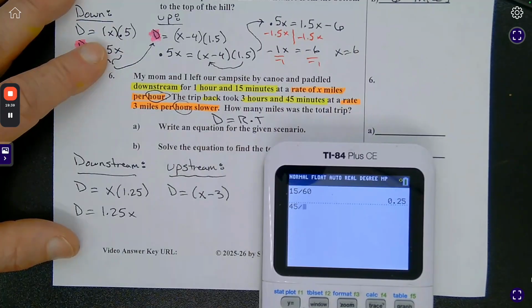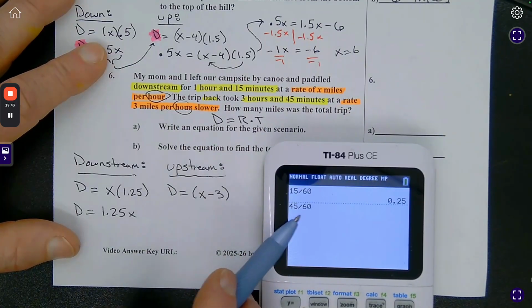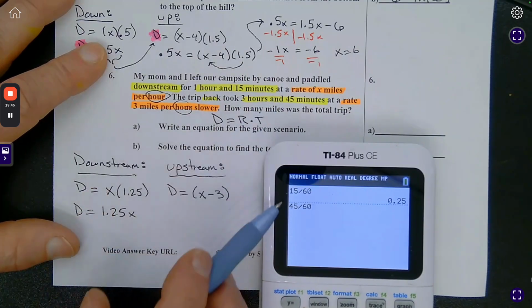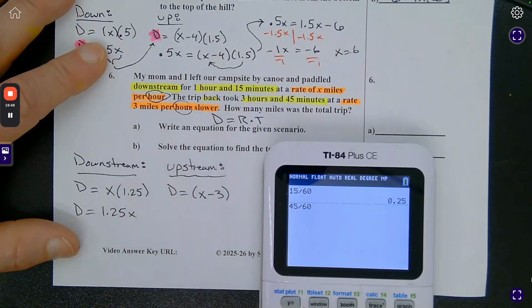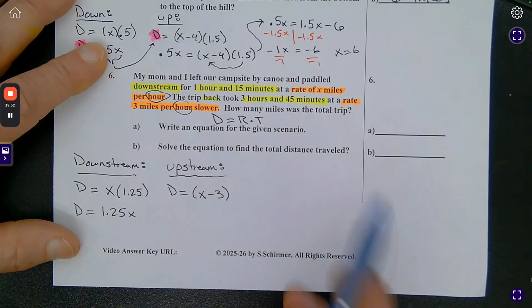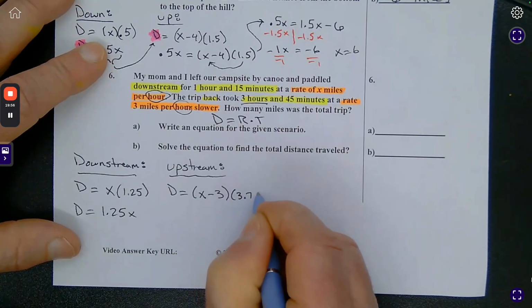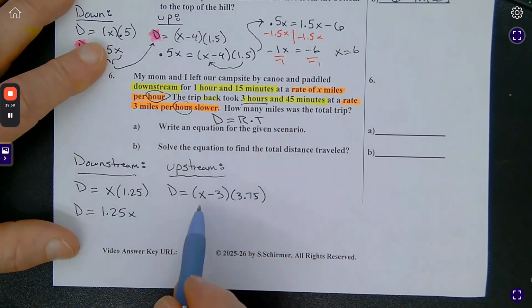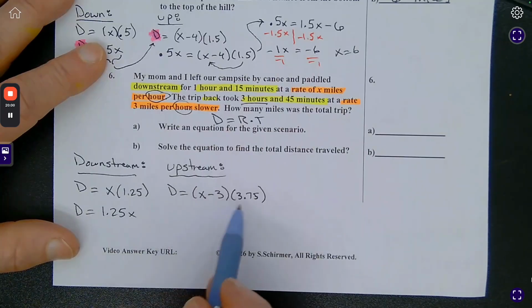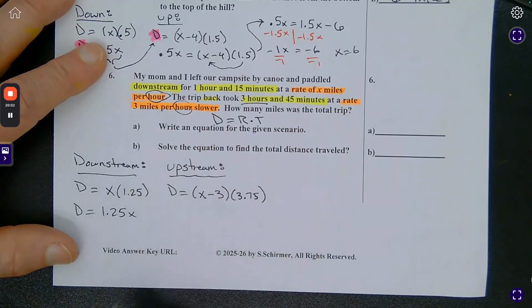It's less than 1, so it's going to be a decimal. I take the number of minutes and divide it by the number of minutes in an hour, and that gives me the number of hours. So that's 0.75 hours, and I'm going to add 3 to that. Distance equals rate times time.